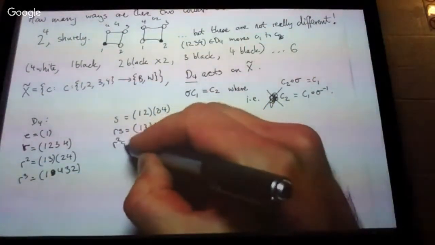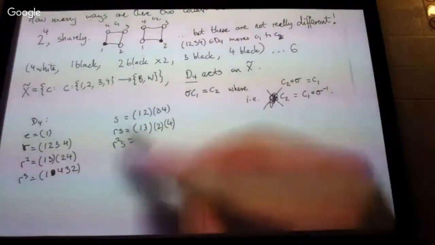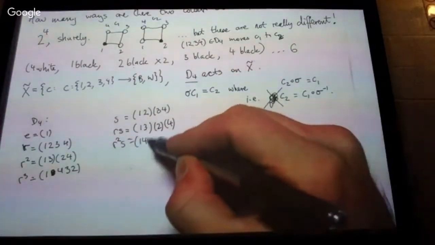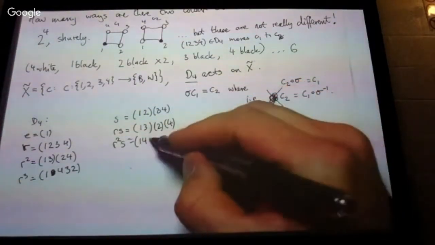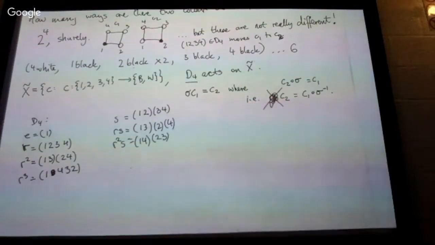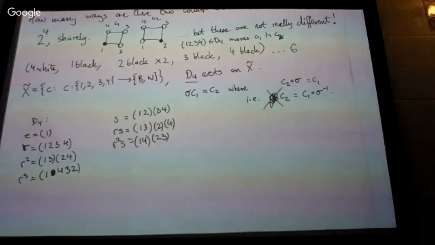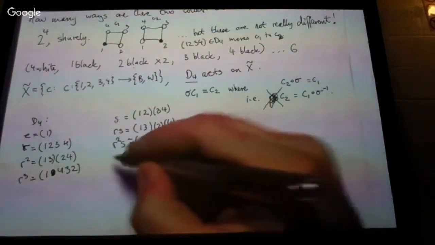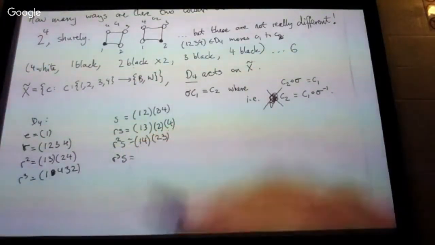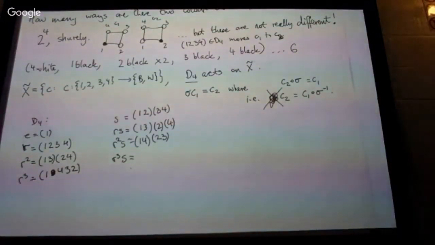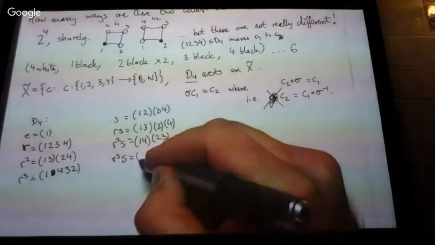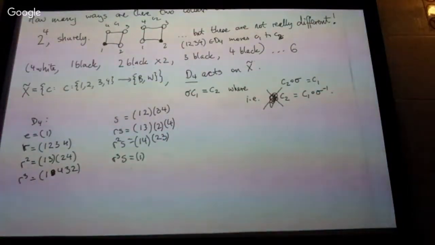So R squared S is 1 goes to 2, goes to 4. 4 goes to 3, goes to 1. 2 goes to 1, goes to 3. And then this one is 1 closed, 2 goes to 1 and then 1 goes to 3.